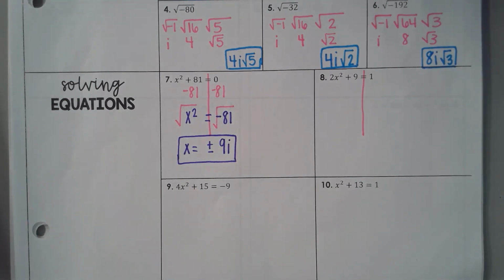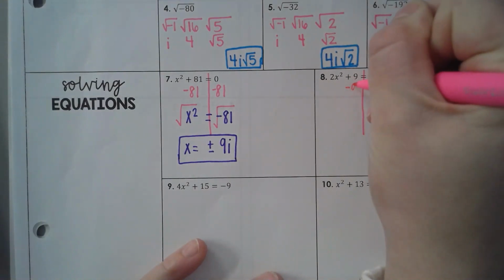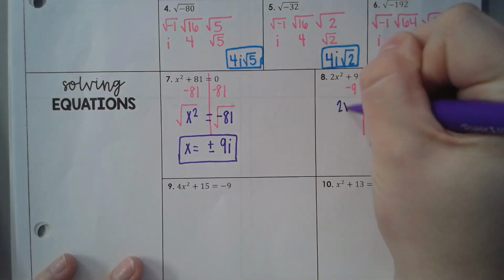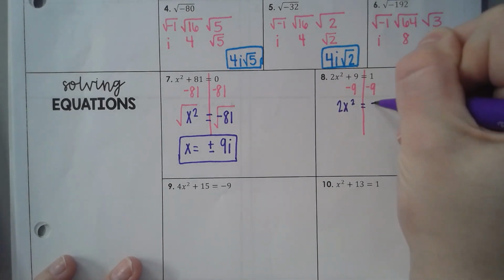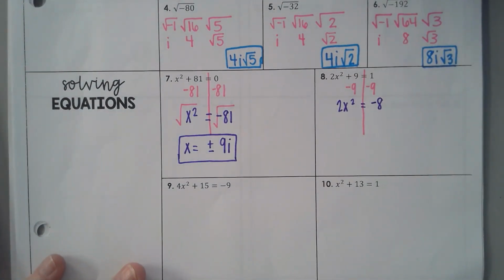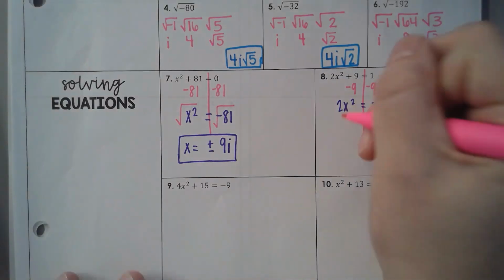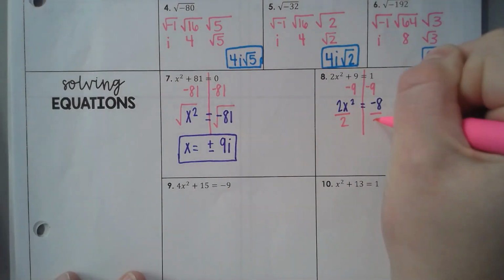So number 8, 2x squared plus 9 equals 1. I'm going to subtract 9. And that gives me 2x squared equals negative 8. And then divide by 2.